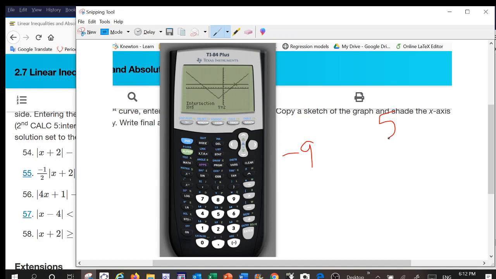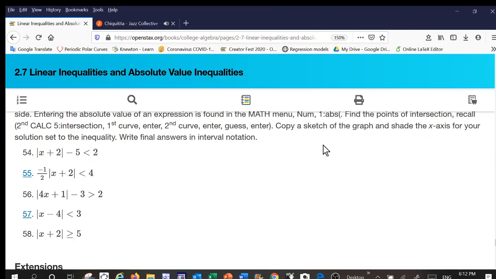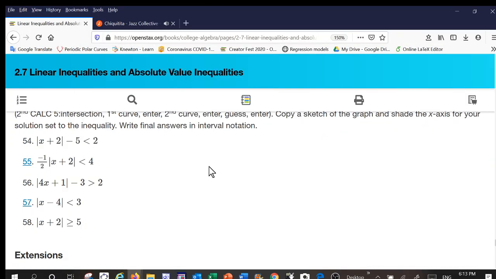Remember, we want the V to be below the line, to the right of this number and to the left of that number. So the solution is x between negative 9 and 5. We don't include negative 9 and 5 themselves, because equality is not included in the original expression that is given.